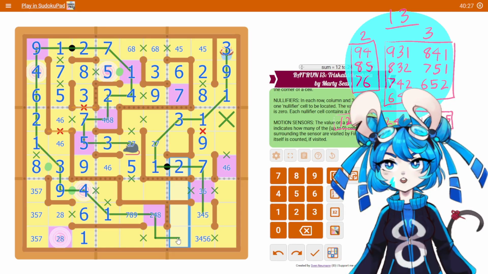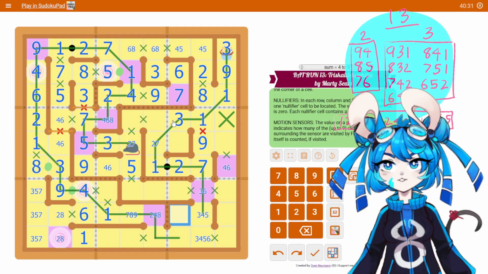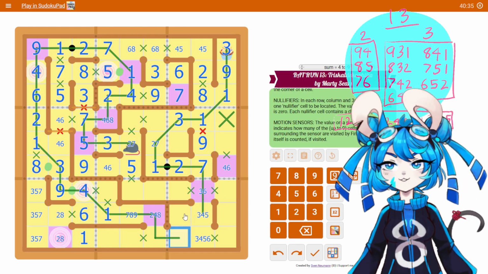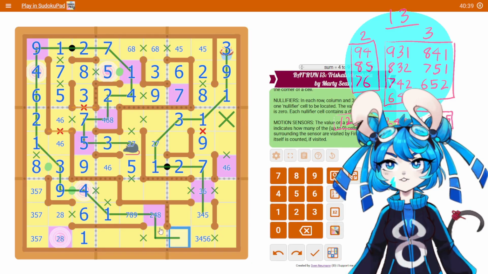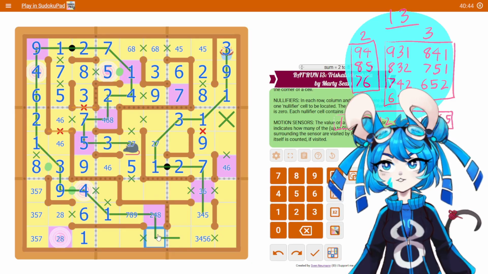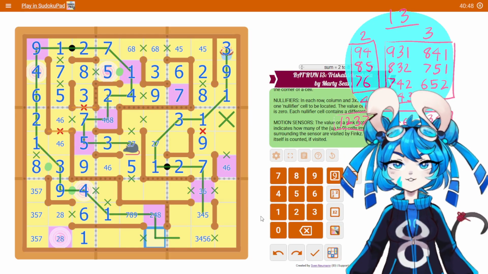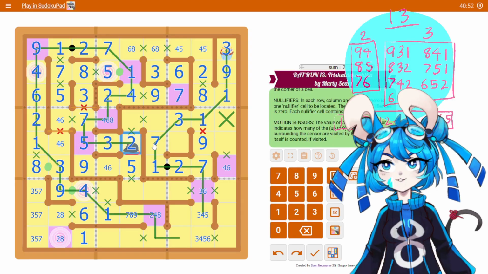Wait, no, there's a 2 here already. I don't think he can visit this cell then. 2, 3. This would have to be 8. These 3 cells are confirmed though, so it has a 1 and this has to be the 7.